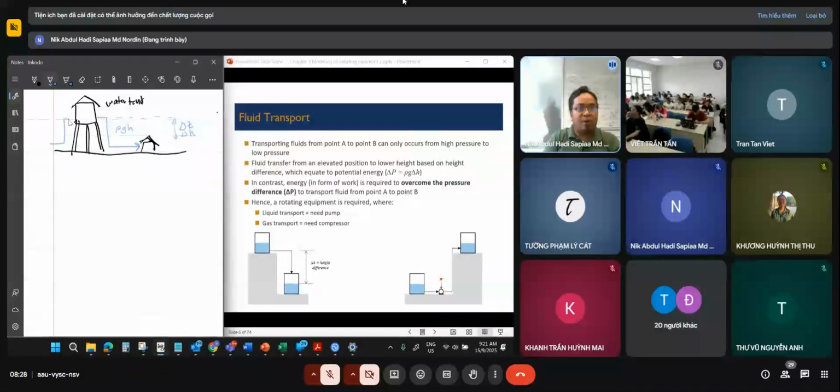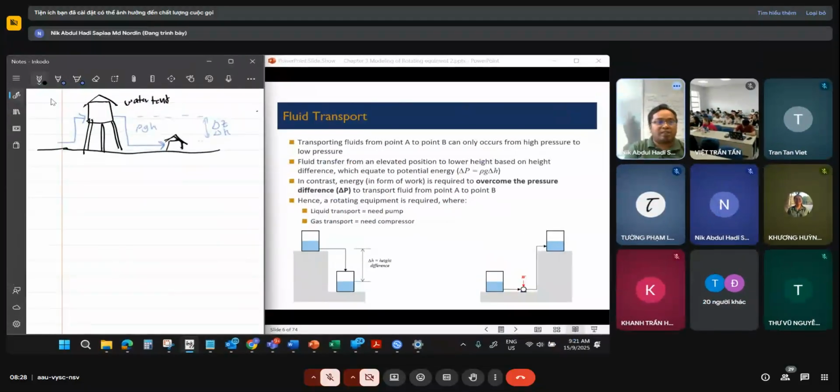Now, what about transporting water into our water tank here? Do we need to supply it to the higher position? Normally, for us to transport water into this tank, we would need to put in some work. This work, we supply in terms of a pump.